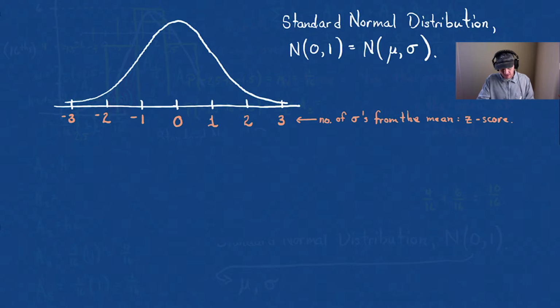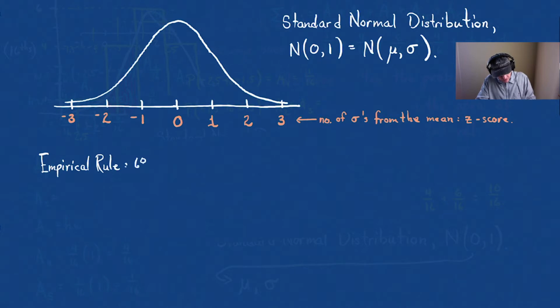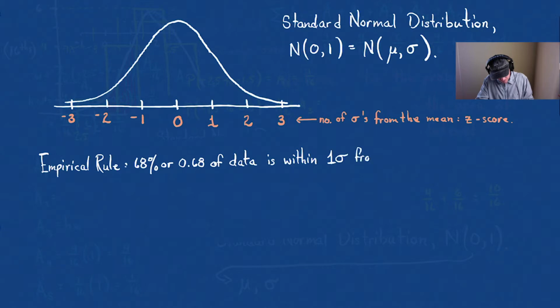Now, what the calculus has found for us is something that's called the empirical rule. And what the empirical rule says is this. It says that 68%, or you could think of it as 0.68 of data is within 1 sigma from the mean, from mu.